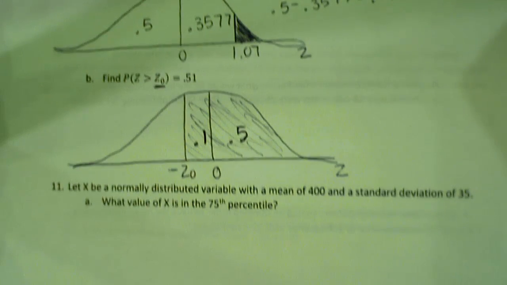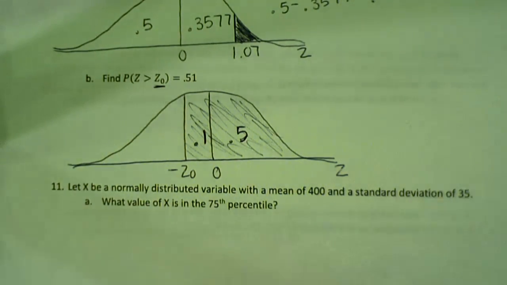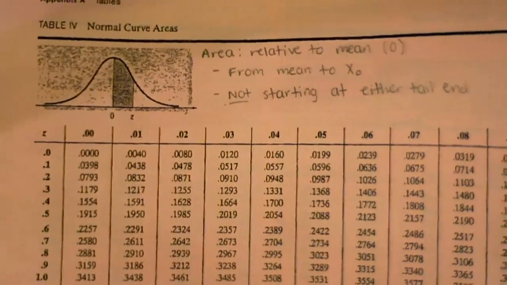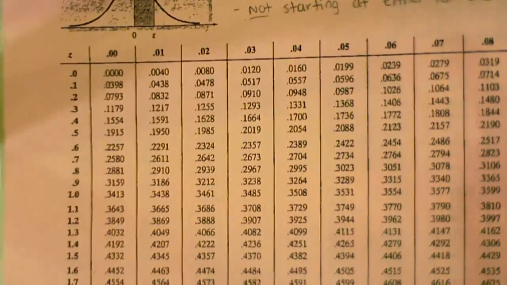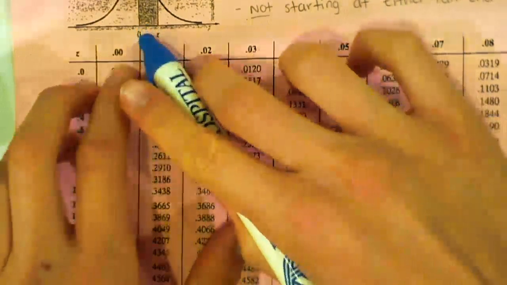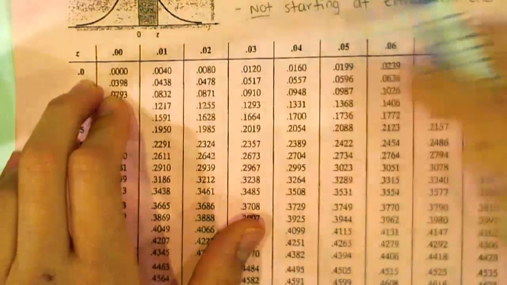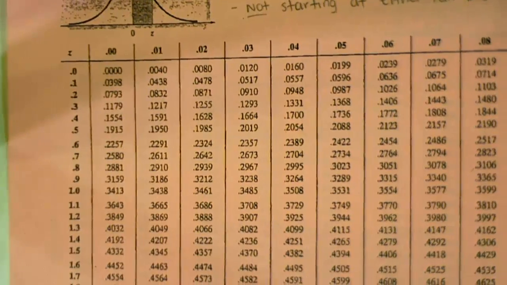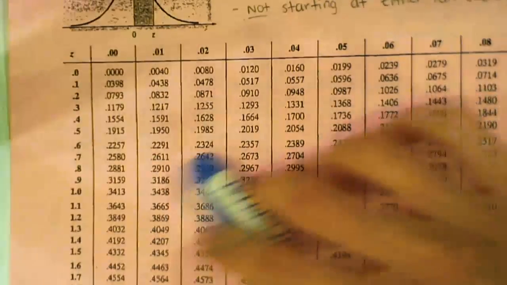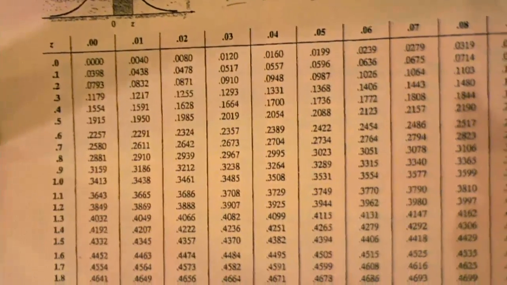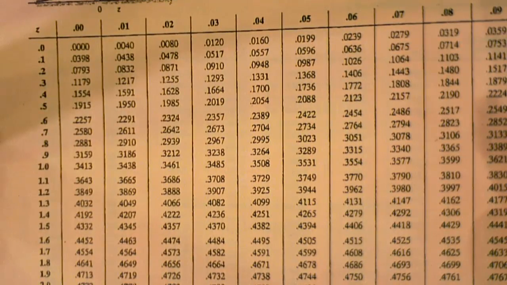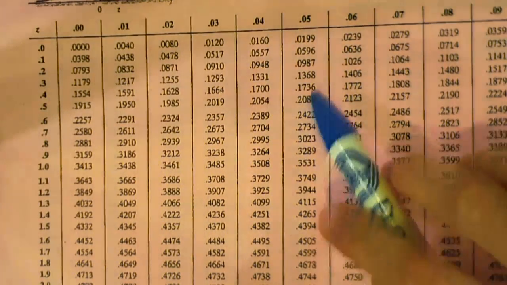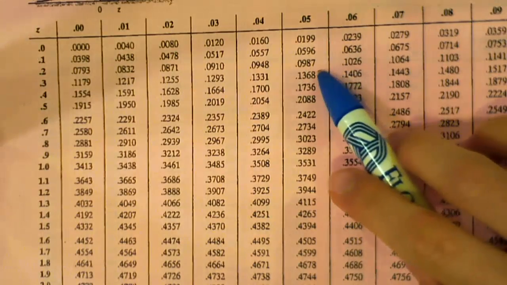So what should we look up on the tables? If we go back here. Again, we're going from that 0 to whatever area that's shaded. So we'd actually be looking inside right here, finding that 0.01. Right?